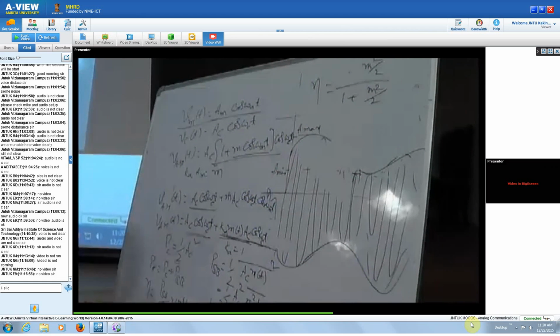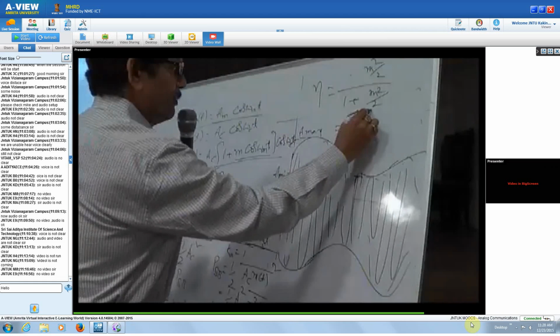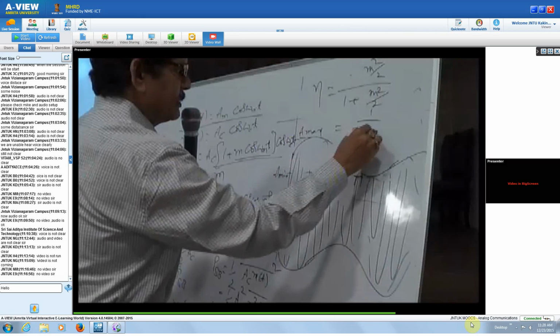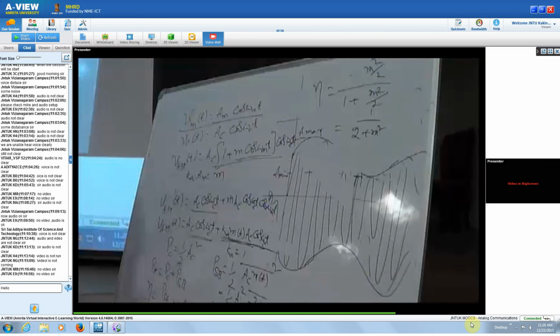Right? Therefore, this will be equal to m square by 2 plus m square, into 100 if you want the percentage. The efficiency is m square by 2 plus m square, where m is the modulation index.